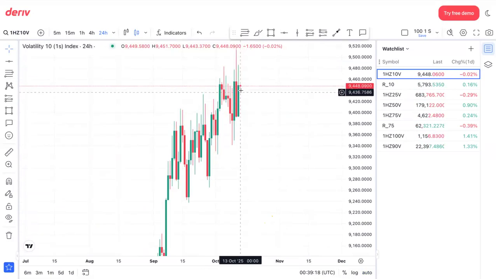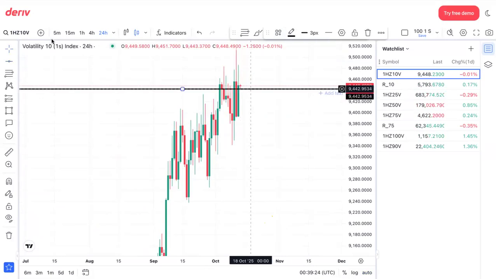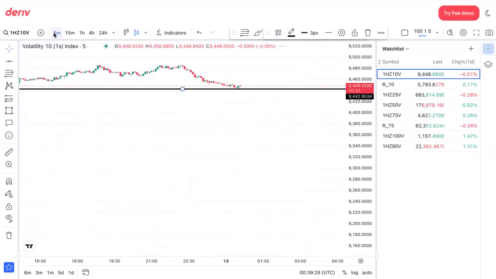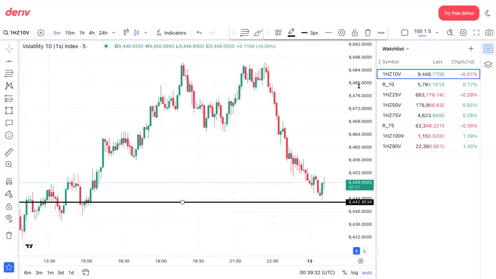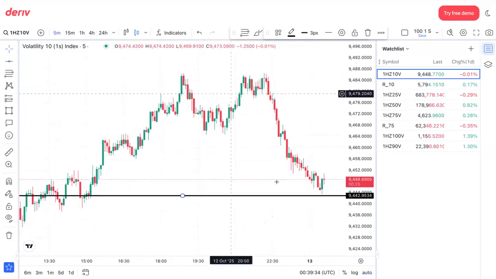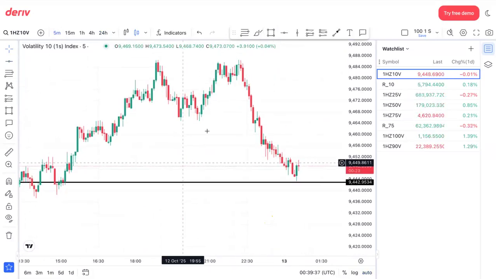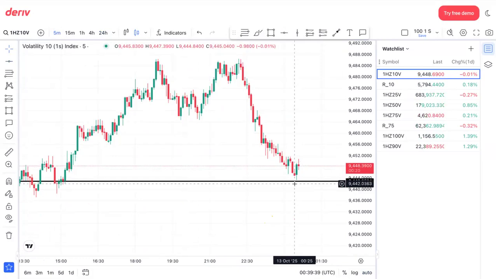So yes, it came down here, a weak little two toes. I mark it out just the same. Then I drop to my 5 minutes, drop to my 5, and then you see what's happening. Remember, we did the buy all day. It pulled back down to the previous support area where we entered.